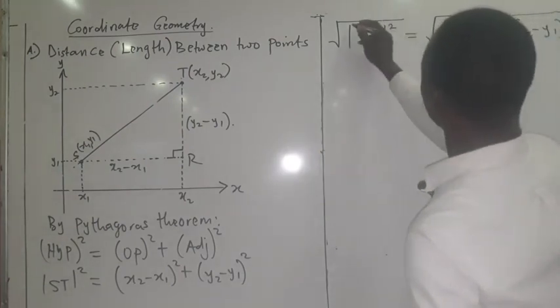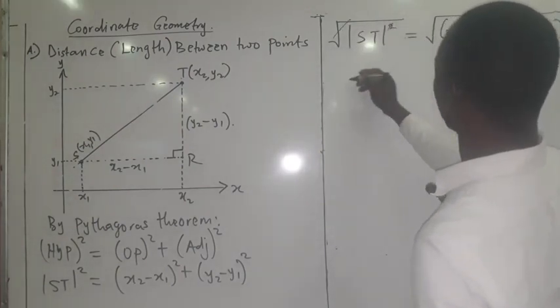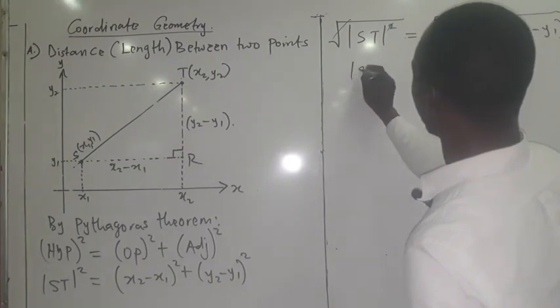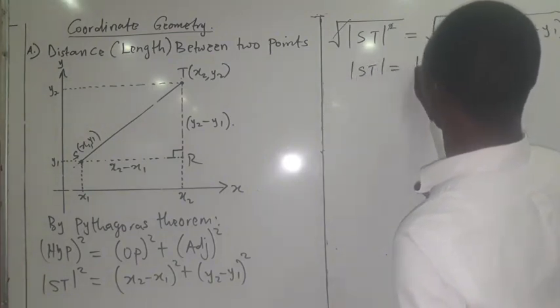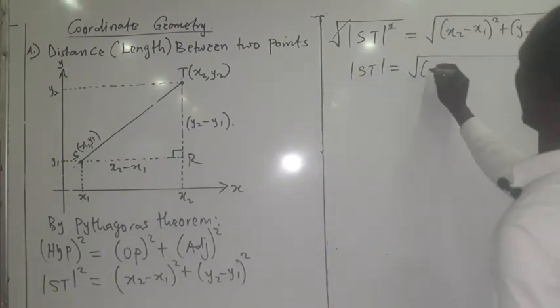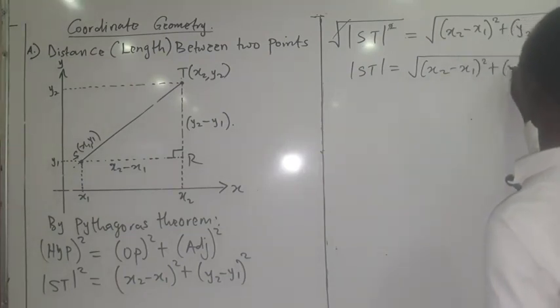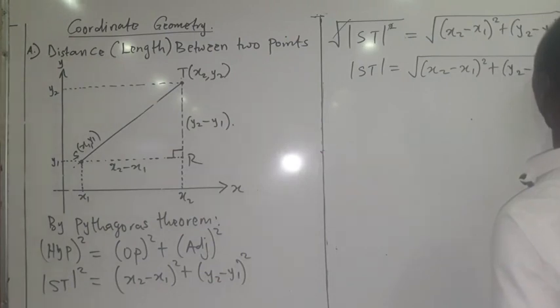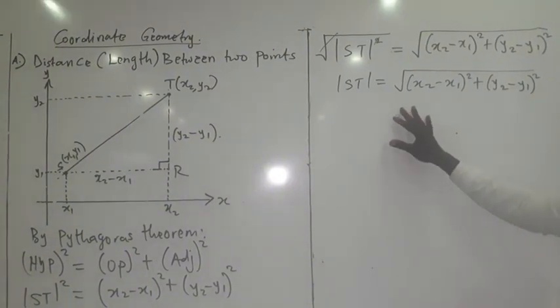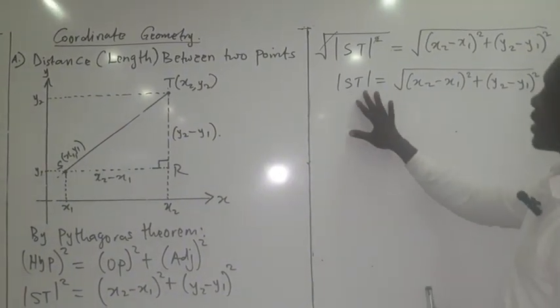The square root cancels the power of 2, so we are left with line ST equal to the square root of x2 minus x1 squared plus y2 minus y1 squared. This is the distance ST formula.